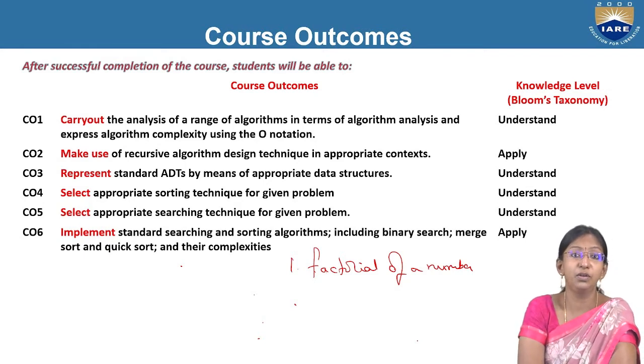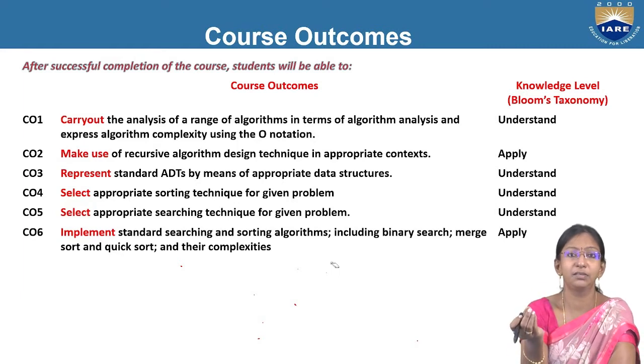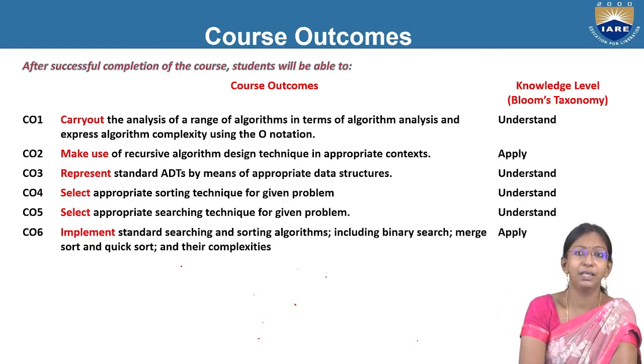But the easiest and most appropriate thing will be to go for a recursive function, because multiplying the number with the next number, the result with the next number, is a recursive process until you reach the value. For example, I want to calculate 5 factorial, that is 5 into 4 into 3 into 2 into 1.